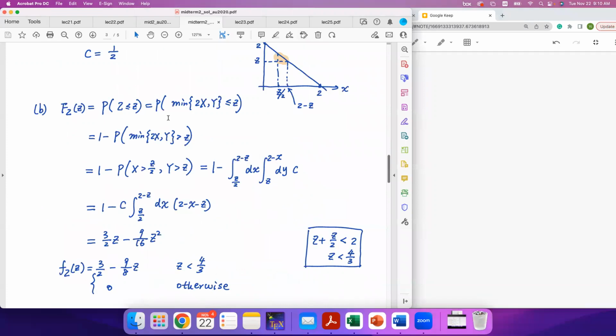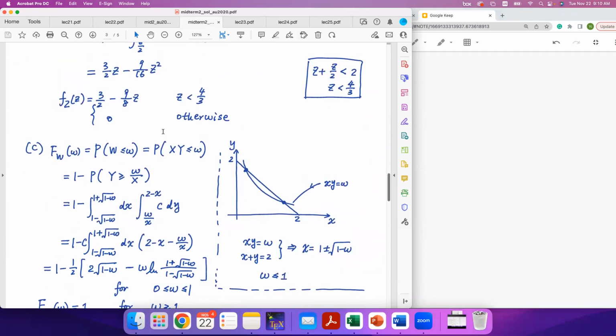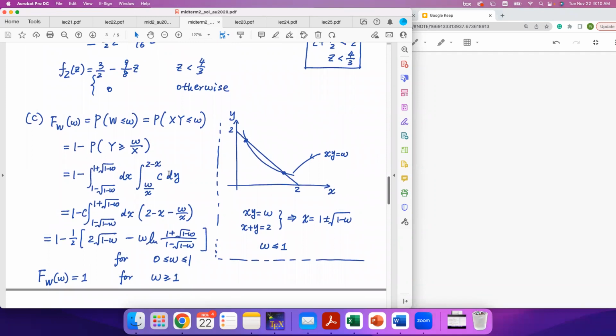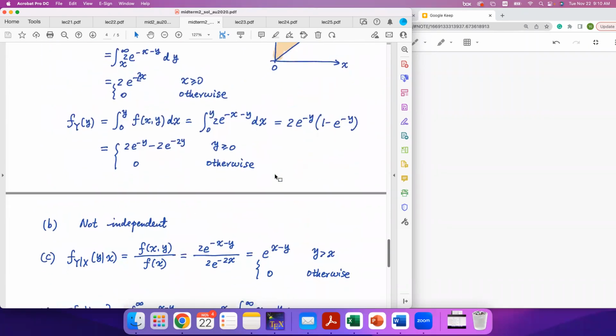I think one or two of the problems are a little bit tricky, like how to compute the CDF of a certain joint distribution. The integration sometimes is very tricky. So you can read the solution set first, and if you find any questions, please discuss with me in the office hour today.